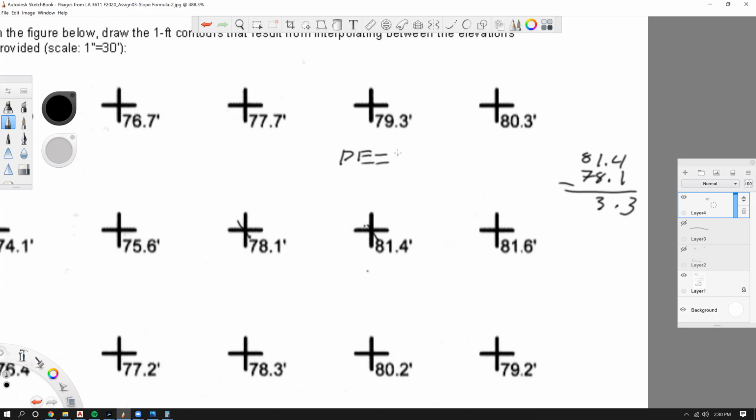DE equals 3.3. We know our length equals 40. So now we have to figure out the slope, which is just 3.3 divided by 40.